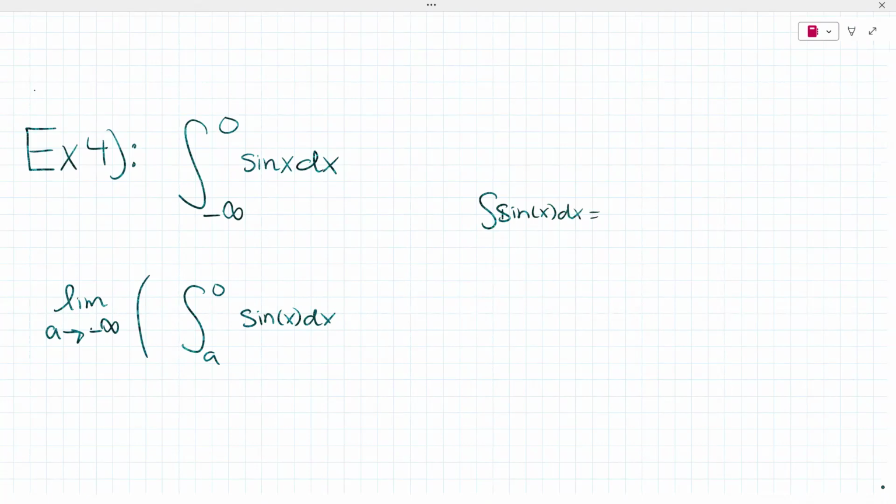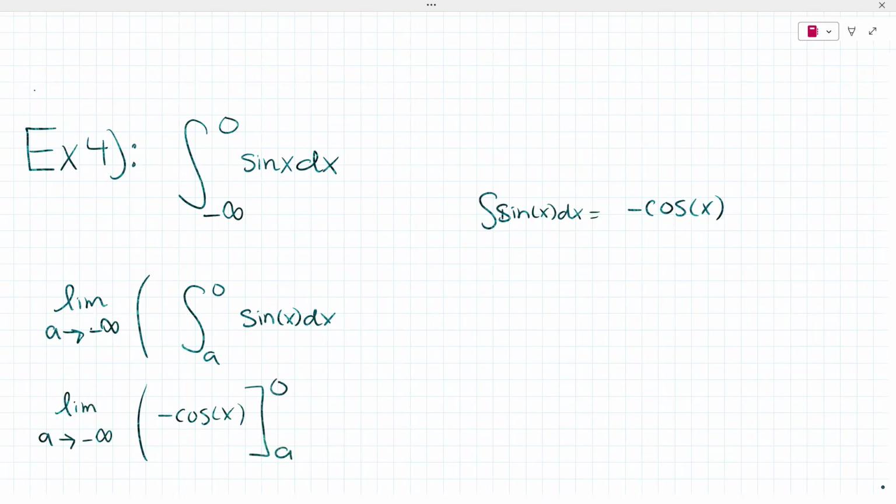The integral of sine of x is negative cosine of x. So this is going to be the limit as a approaches negative infinity of negative cosine of x from a to 0.